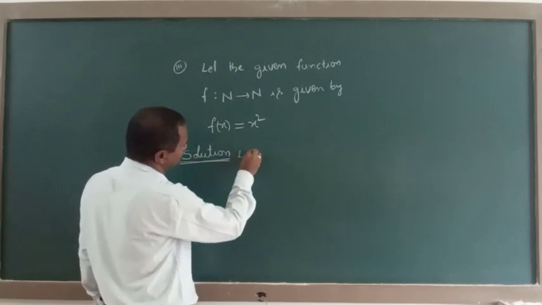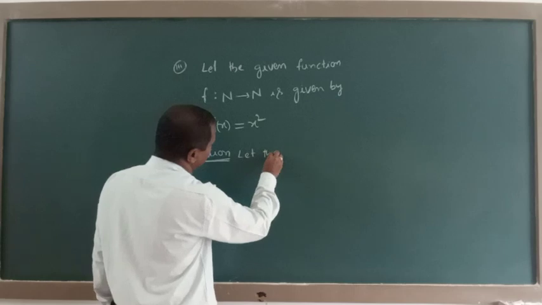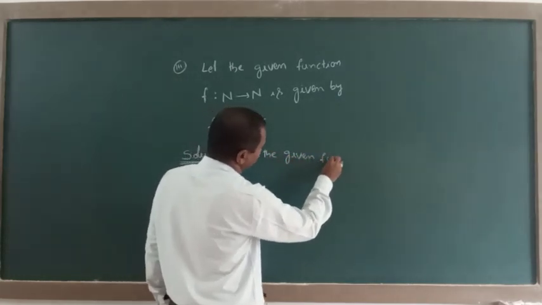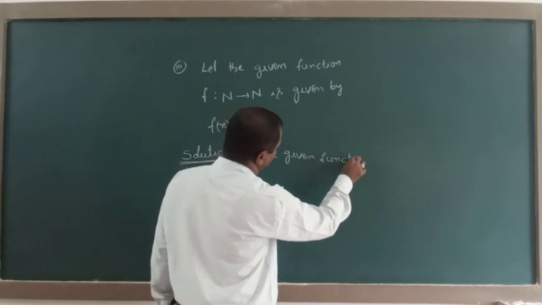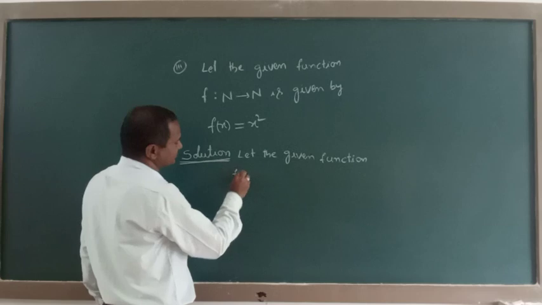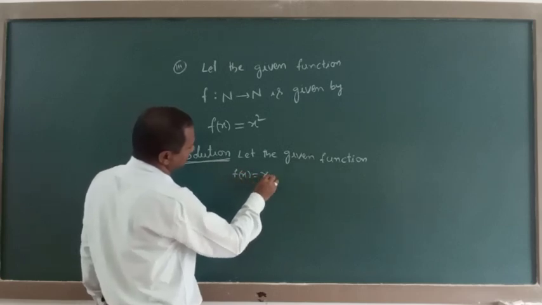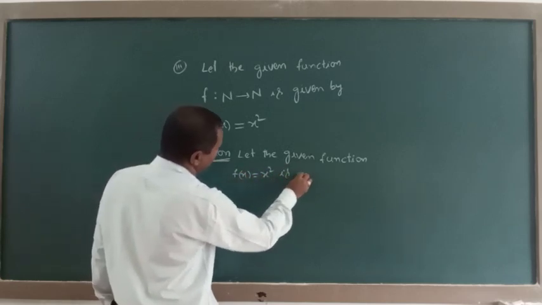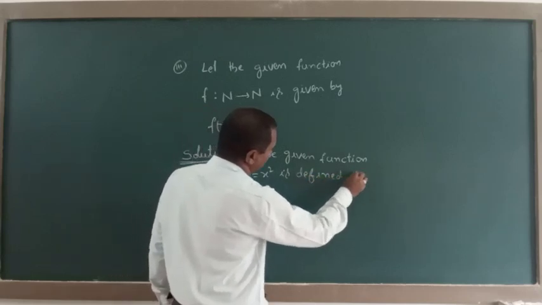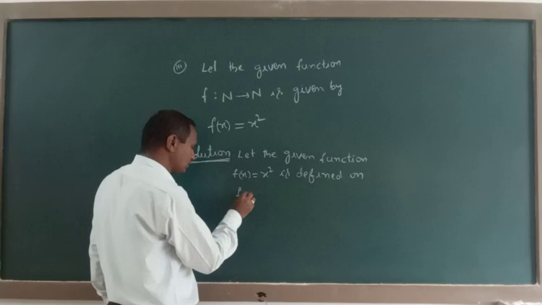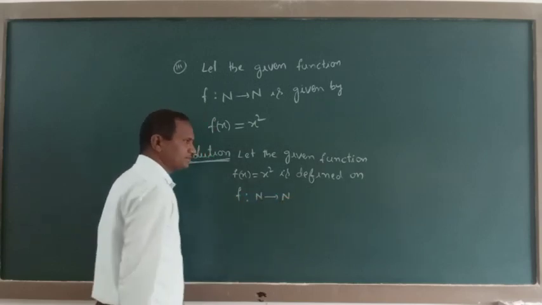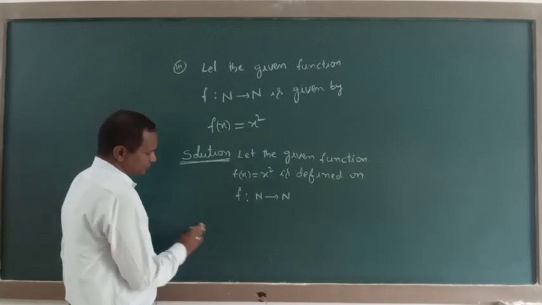Let the given function f of x is equal to x square be defined on f mapping from N to N. First, one-one function.